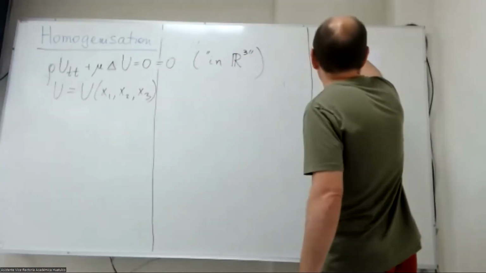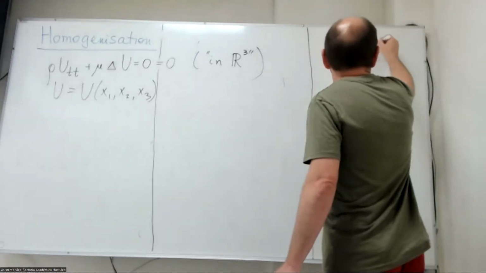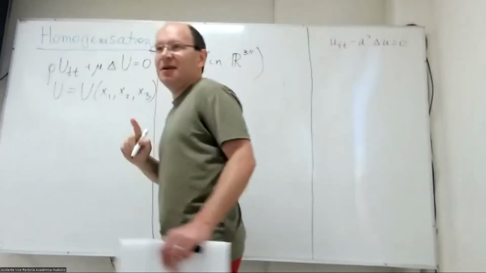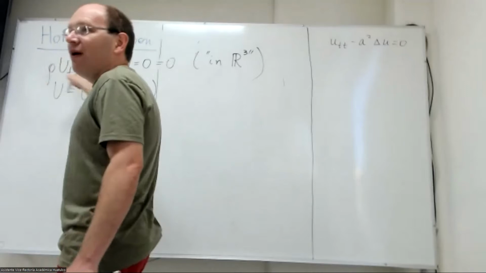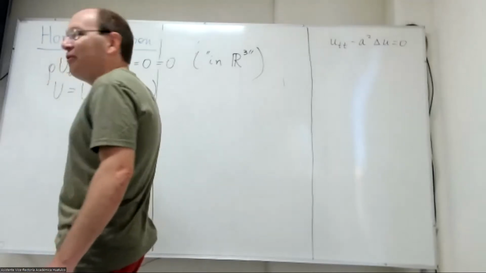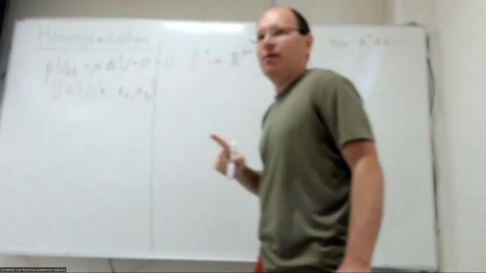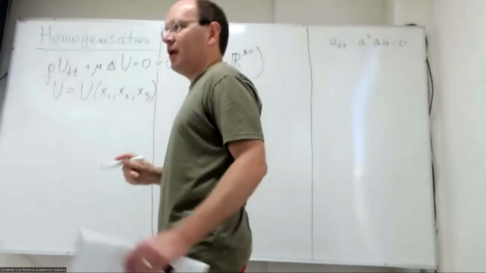Maybe you've seen something like this. Right, but of course, that and this is the same thing, provided we divide by rho, and also for my own reason, I chose capital U here, right? So I'll say in a second what rho and mu are.